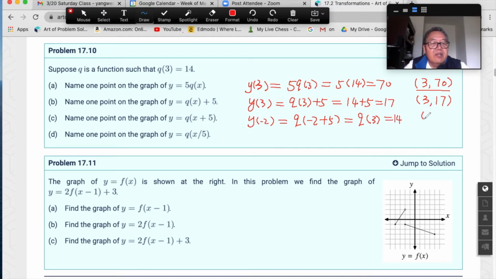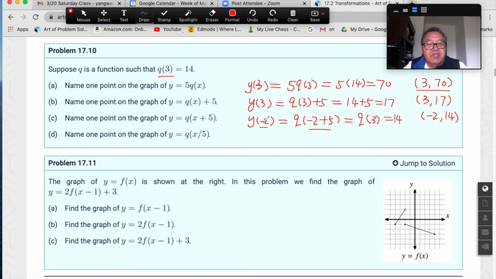That means on this graph we have the point (-2, 14).